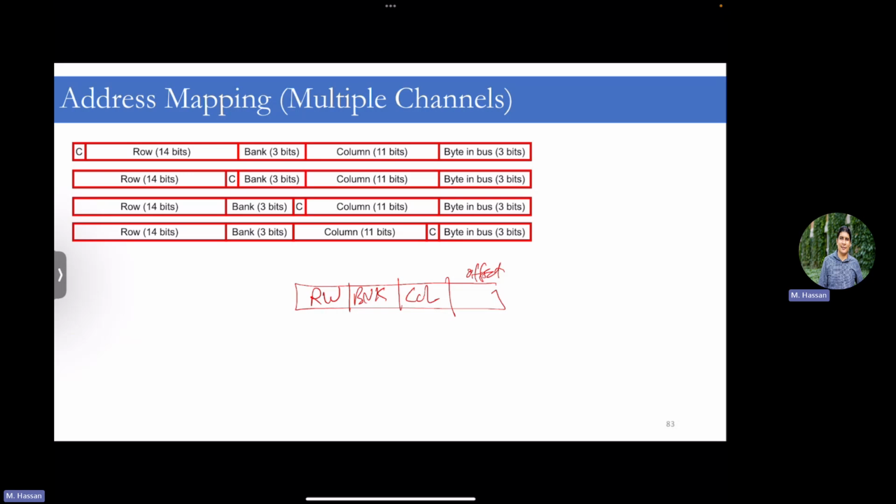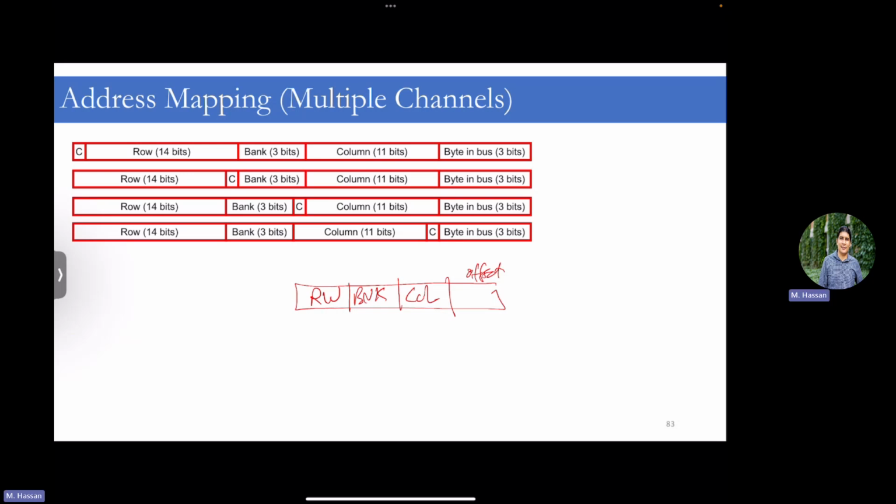Two consecutive accesses will have two different rows, so you'll end up with a row conflict, right? So locality means your most significant bits mostly remain intact, not changing. So the preference is you put your row bits at the most significant, such that they don't change as frequently. The reason is the locality concept: you want to always target the same row. Because I have high locality, the most significant bits don't change as much, right?